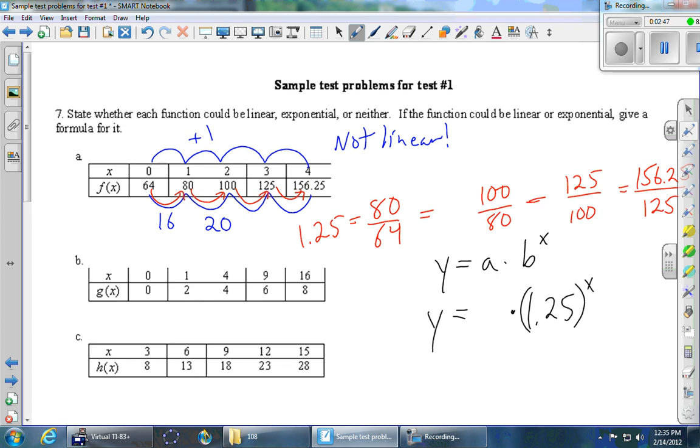Last thing we need to know is the value of a. If you remember, a is always the value that corresponds to x equals 0. And so in this case, we happen to have it. So we will accept that gift and put the number 64 right there. So here's the formula for the exponential.